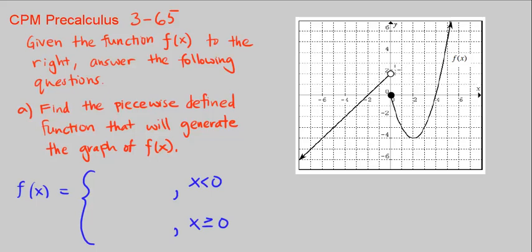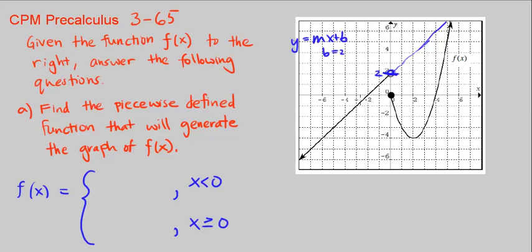So now let's look at, what is the equation of this line? Let's imagine that it kept going. If it kept going, it's going to look something like this. We can think of the equation of a line as y equals mx plus b. We know the y-intercept right here is at y equals 2, so that tells us b is equal to 2.